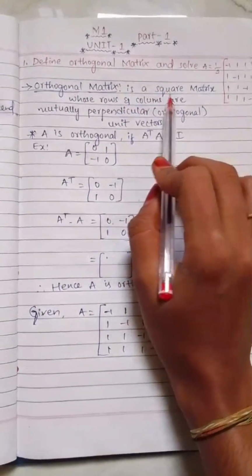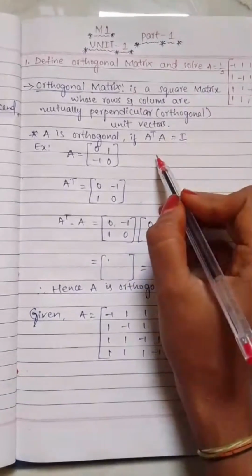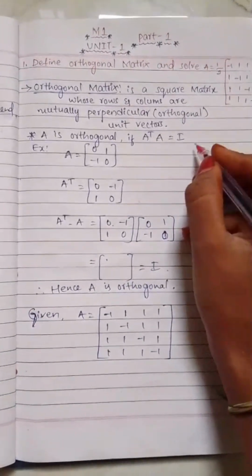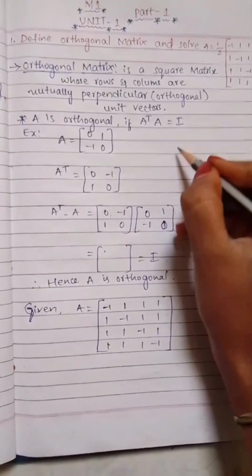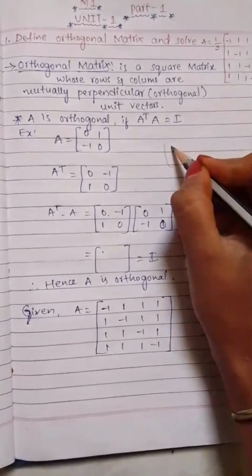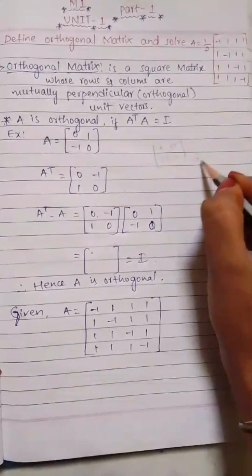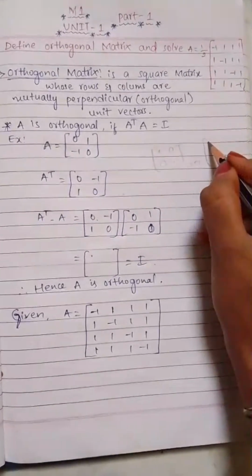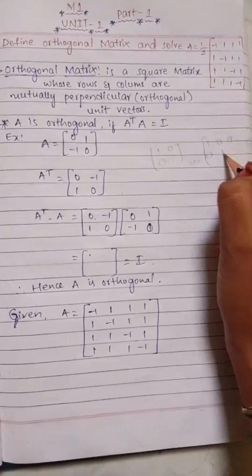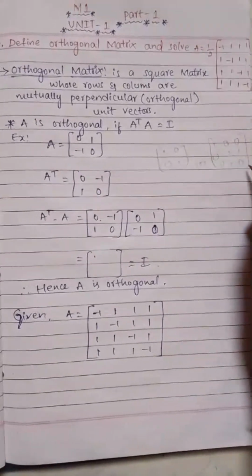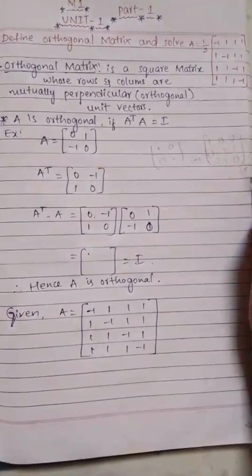An orthogonal matrix is a square matrix. For example, 2 into 2, 3 into 3, like that. A 2 into 2 matrix is 1 0 0 1. If I take 1 0 0, 0 1 1, 0 1 0, this is a 3 into 3 matrix.